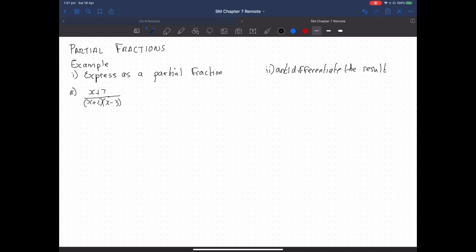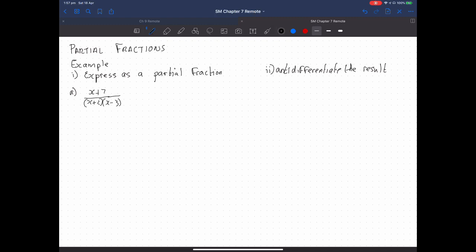The first thing we're going to do is anti-differentiate (x + 7) / ((x + 2)(x - 3)). If that bottom line was not factorized, you would need to factorize it.